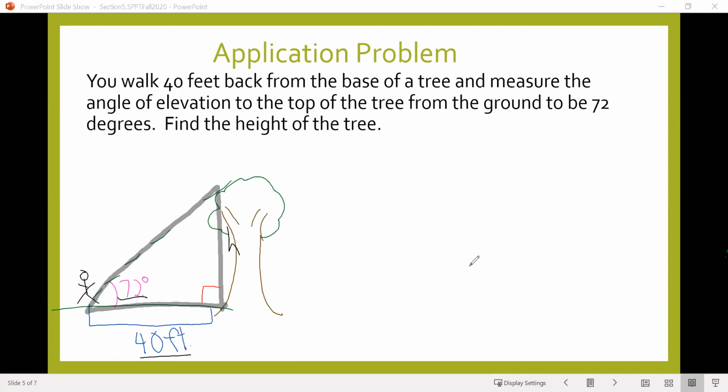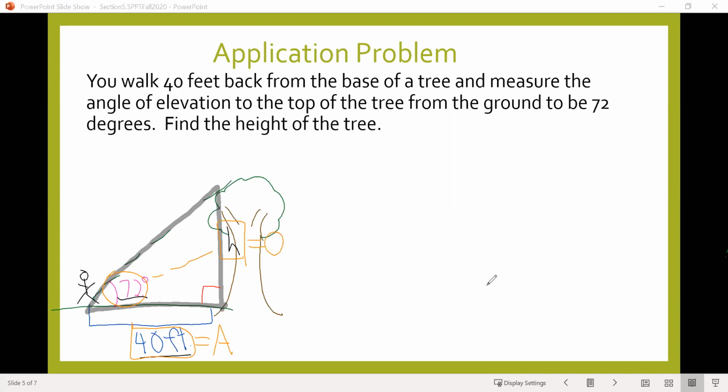So just like we did on the last problem in the previous video, you just want to identify how these sides relate to the angle. So here's the angle. We see this 40-foot side is right next to it, and it's not across from the right angle. So that means this would be the adjacent side. The side that's the H here is across from the angle, so that's going to be our opposite side.